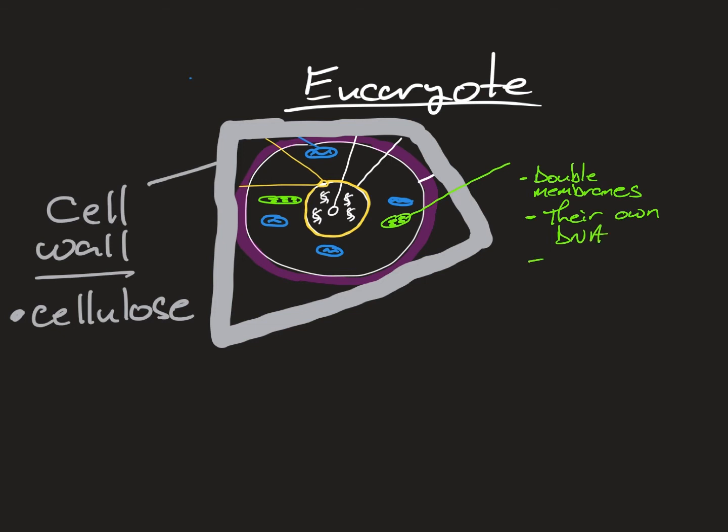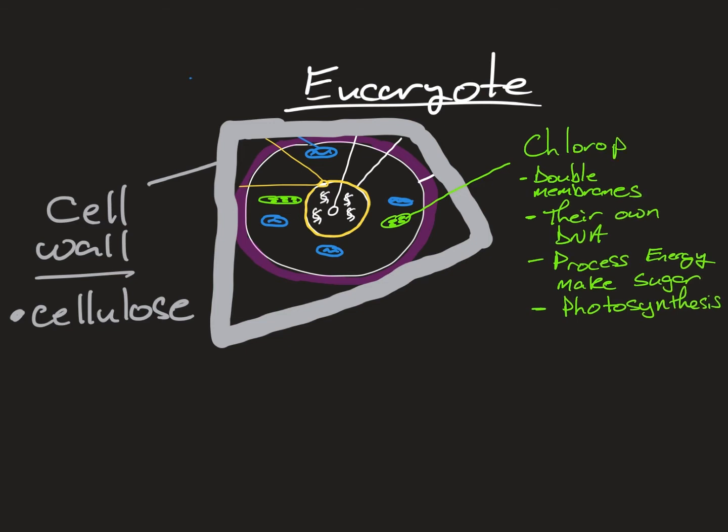They also process sugar and process energy. But they make sugar. They do something called photosynthesis. And they're called chloroplasts. And they're green. That's what makes plants green.